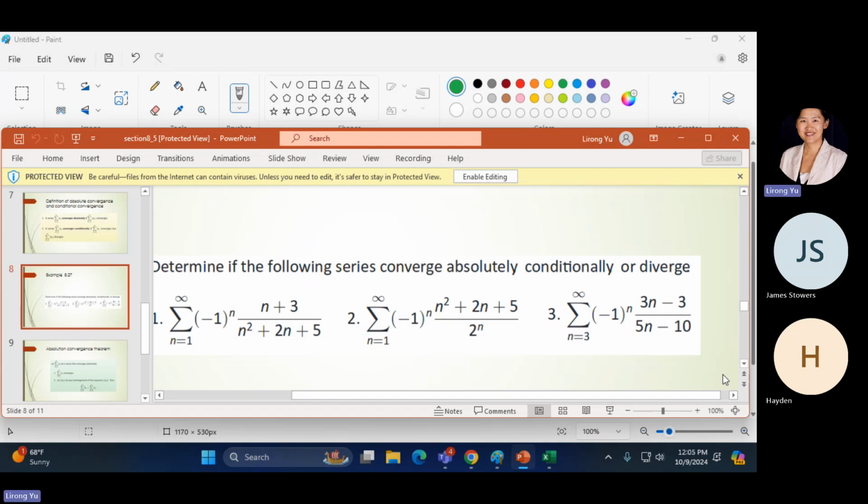But even with the sign, what will happen? Remember the alternating series test: if you have an alternating series, we want this part to be, number one, positive, number two, decreasing, and number three, converging to zero. It disagrees with the alternating series test because it's not approaching zero.